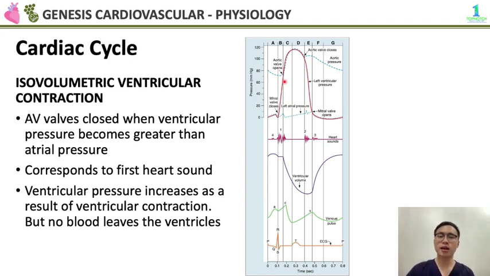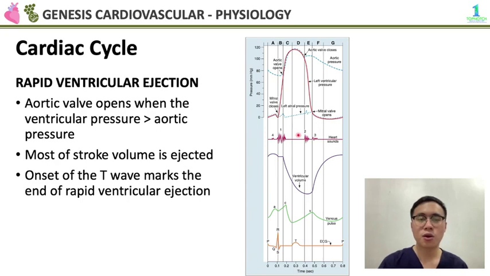Sarado si mitral, sarado si aortic. Where will the blood go? Nowhere, 'di ba? So it will just increase the pressure in the LV, causing now a rise, no, dito sa LV pressure na to, tong red line natin. Okay? But purple line, again, straight line siya. No change in volume.